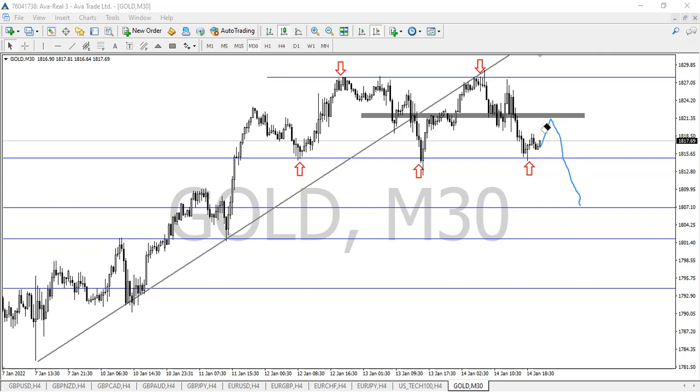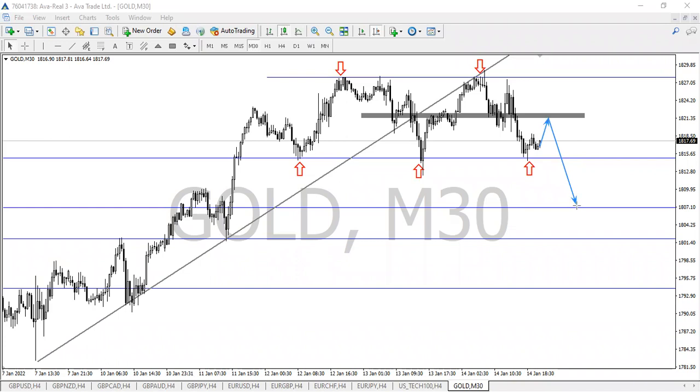Do you guys understand what I'm saying? This is not to say gold is going to come here. Yes, for sure, this is what is expected.